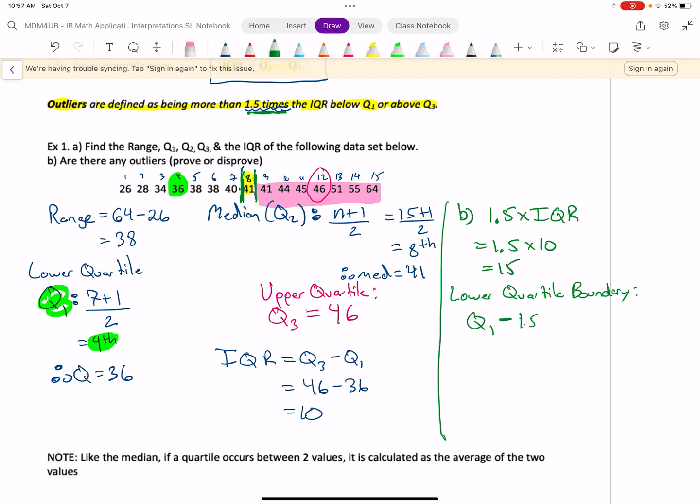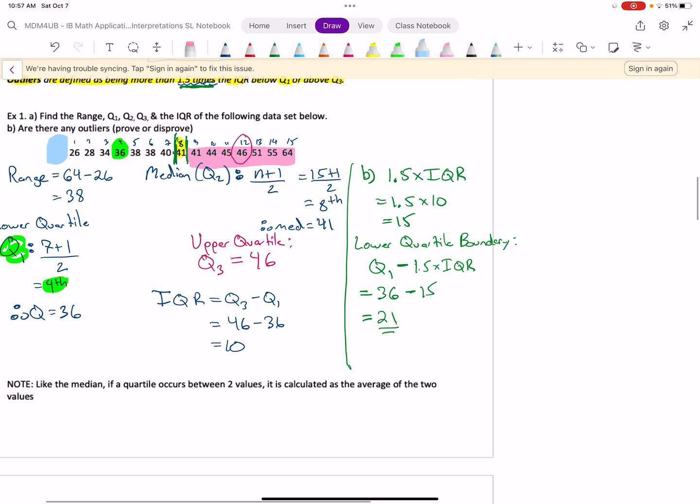Minus that 1.5 times the IQR, which is 36 for my Q1, minus 15, which gives me 21. So if there was a data point on this left side here that was 21 or less, then I would say that that is an outlier. In this case, there is no lower boundary outlier.